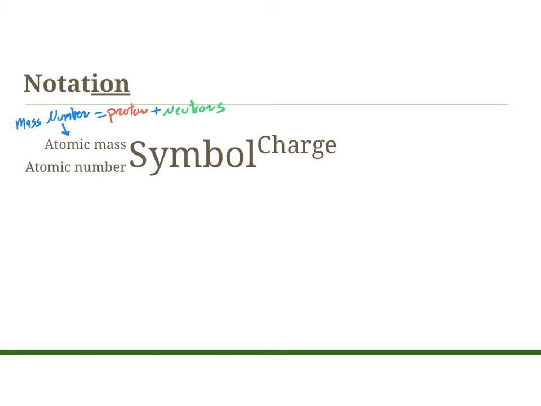Now, the atomic number is simply equal to the number of protons in the nucleus of the atom. And now our charge is going to be based on the number of electrons around the nucleus of the atom.